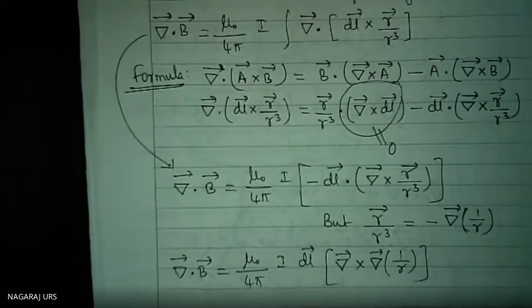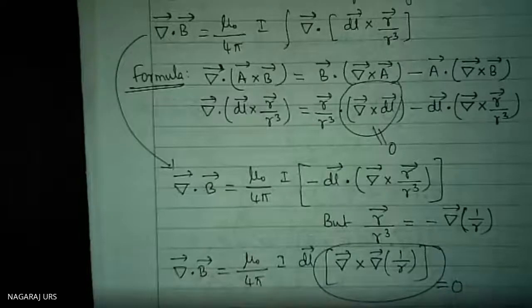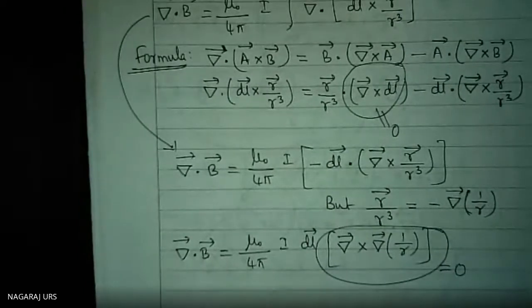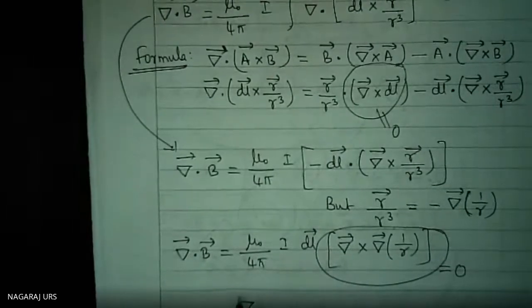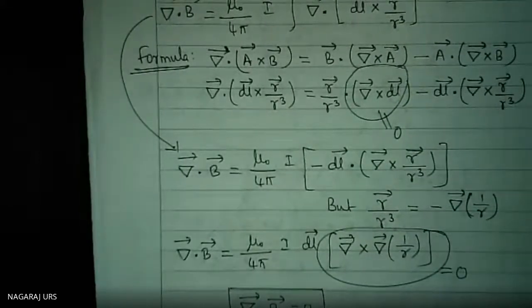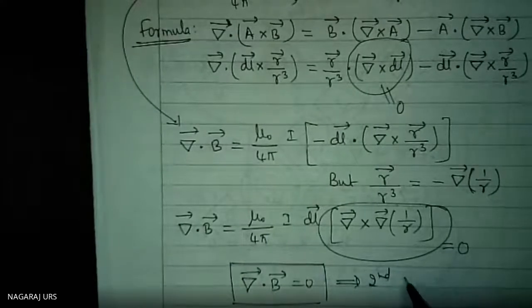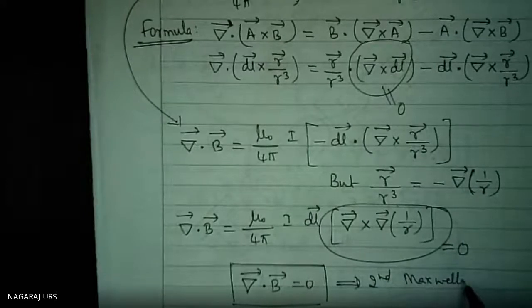But del cross del of 1 by r is equal to 0. This value is equal to 0. If it is equal to 0 here, 0 into anything is 0. Therefore, I can write del dot B is equal to 0. This is the second Maxwell's field equation.